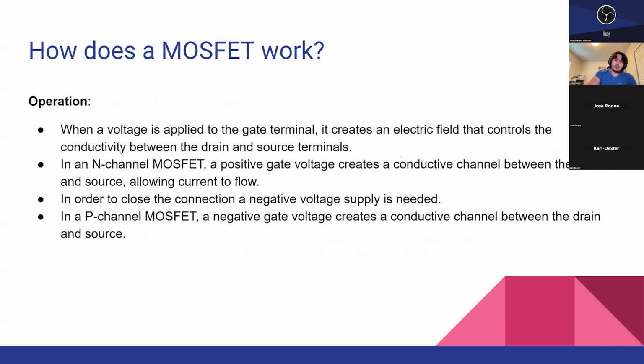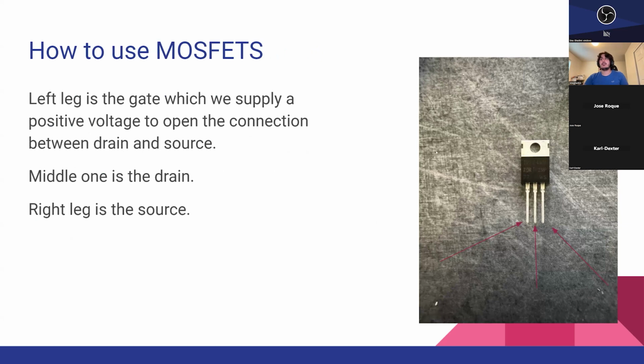So, how does a MOSFET work? Let me show you. I have a picture in the next slide. Here. If you hold your MOSFET with the big side toward you, the way the picture is showing, the left one is your gate, the middle one is your drain, and the right one is the source, if I'm not making a mistake.